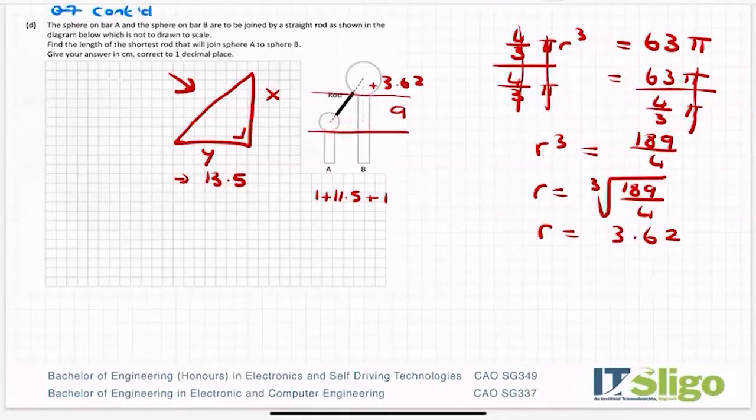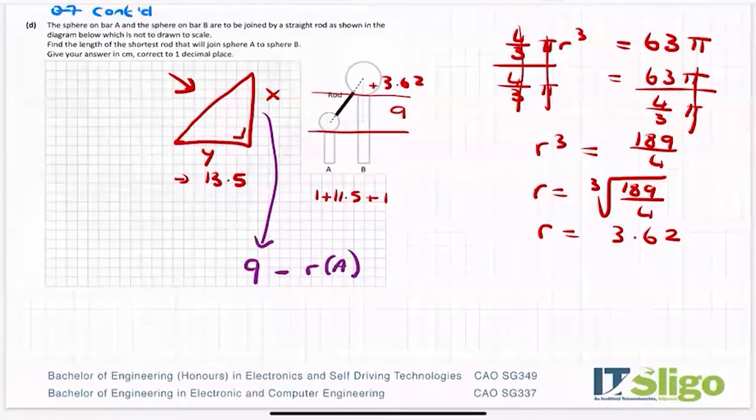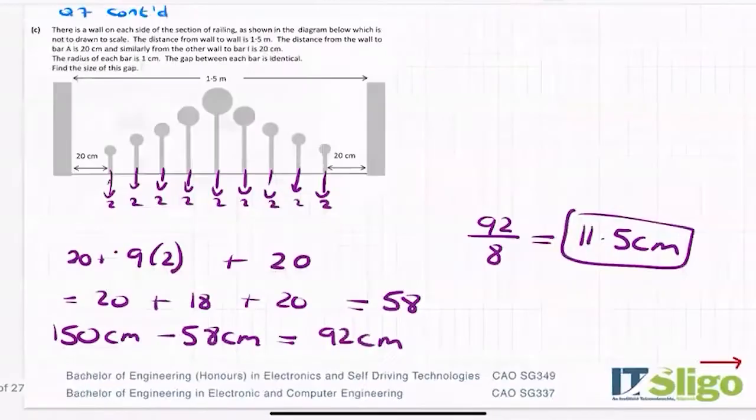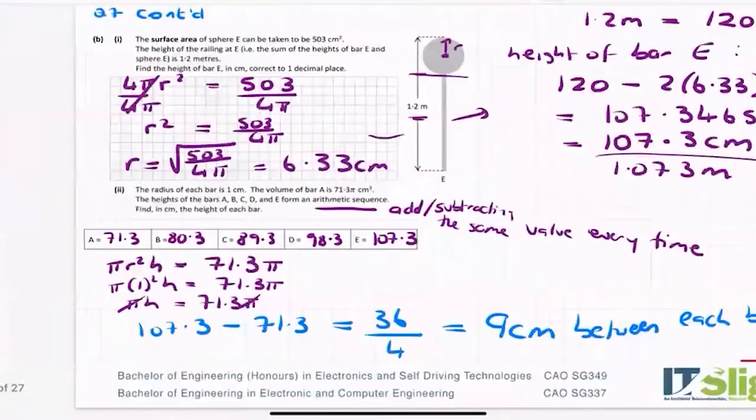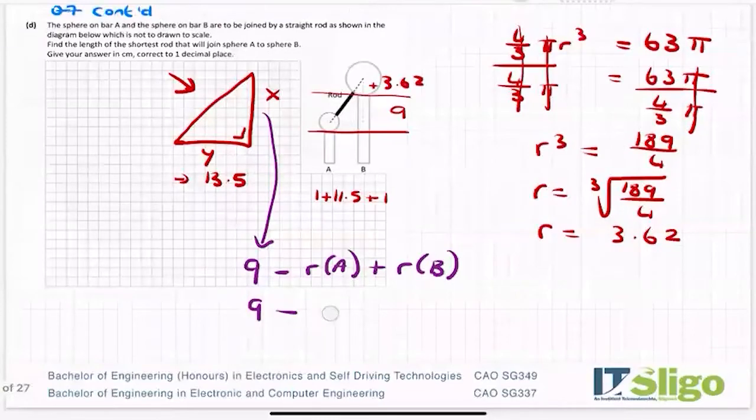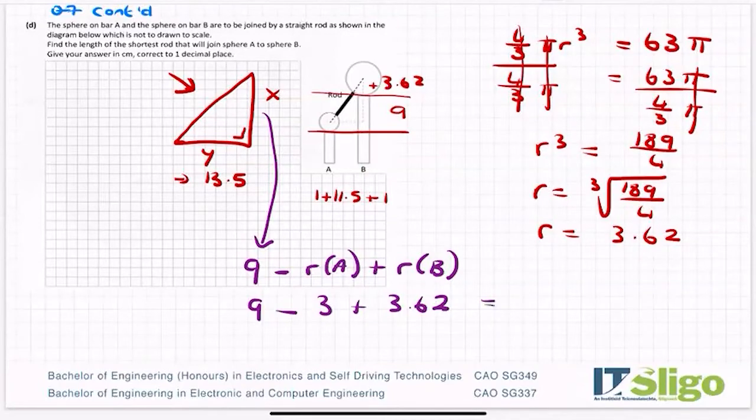So this side x is that 9, but I need to subtract off the radius of A, and I need to add on the radius of B. The radius of A was 3. And I need to add on the 3.62. So for that I am getting 9.62. Okay, so that's my triangle.